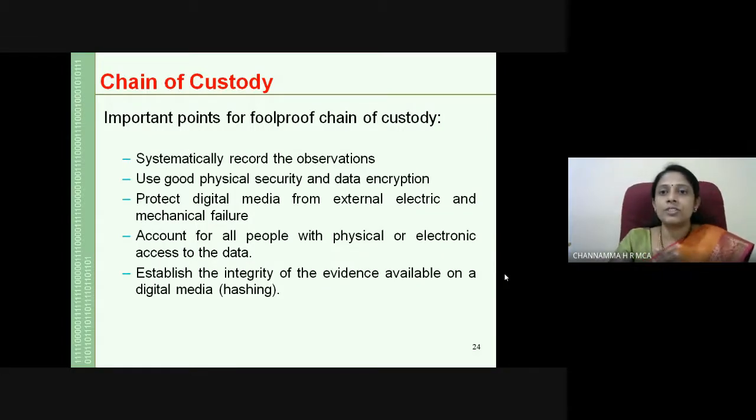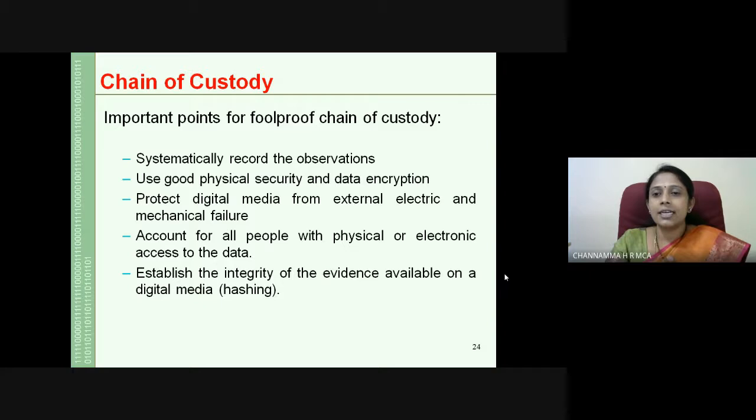A foolproof chain of custody is very important, and it includes these steps. Systematically record the observations and use good physical security and data encryption. Physical security means wherever the digital devices are taken into custody, they must be stored in a secured place, so any unknown person should not get entry to that place.